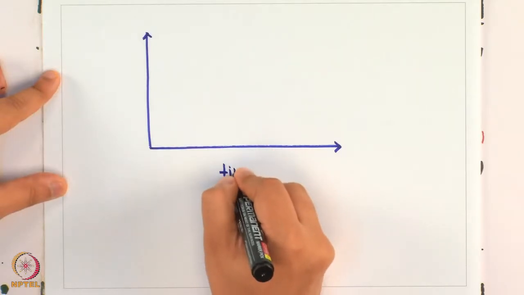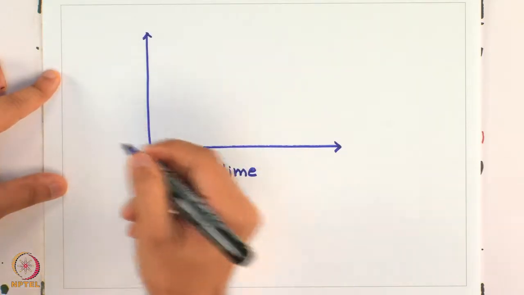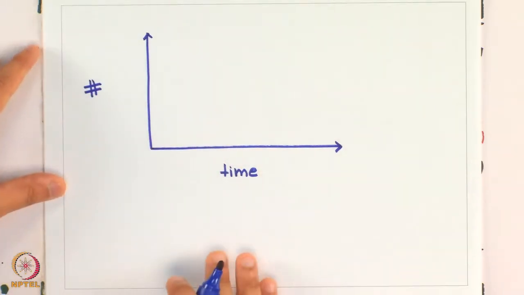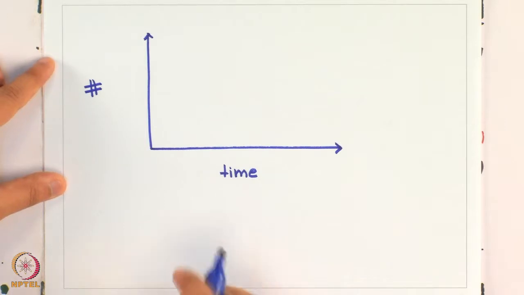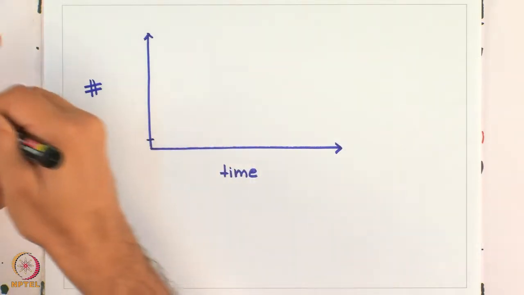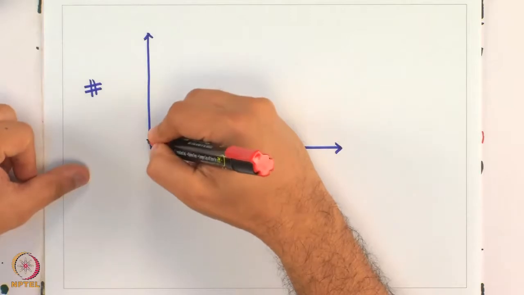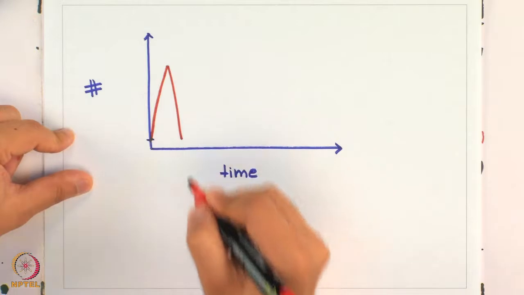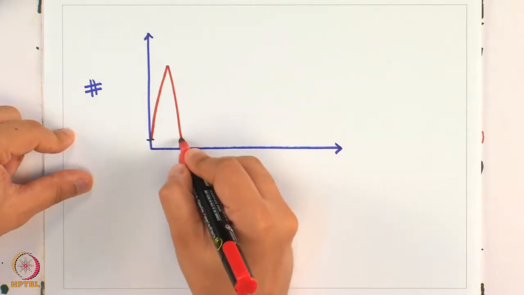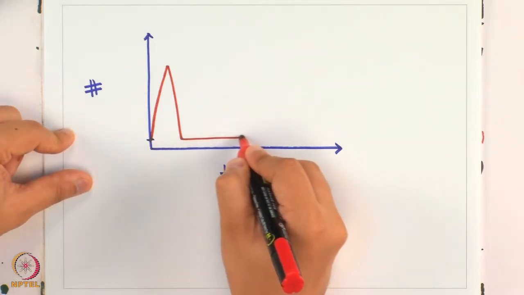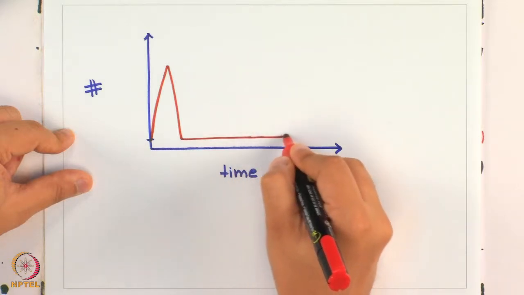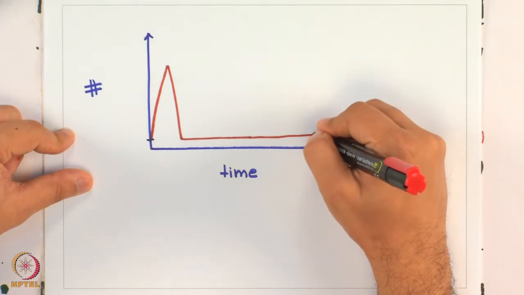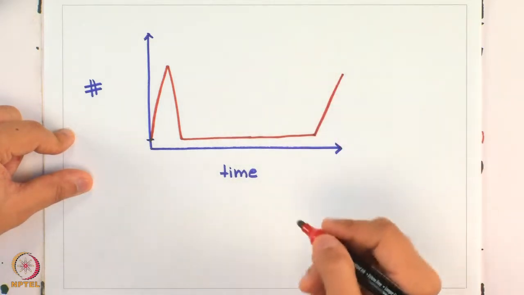This is time, and we want to plot numbers of CD4 cells and the number of virus particles. Upon infection, the virus particles increase and they're rapidly brought down by the immune system, and there is a very long asymptomatic phase where the virus particles do not increase very much, and eventually you would have a large increase in virus particles.